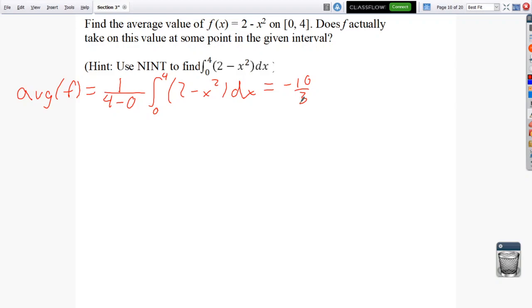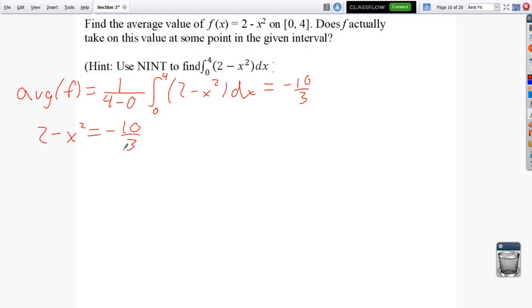Now I look to see the second part of the question is, does f actually take on this value at some point on the given interval? To figure that out, what I have to do is take this value and plug it in for the function. So I'm looking to see, does the function 2 minus x squared equal negative 10 thirds at any point on the interval from 0 to 4?